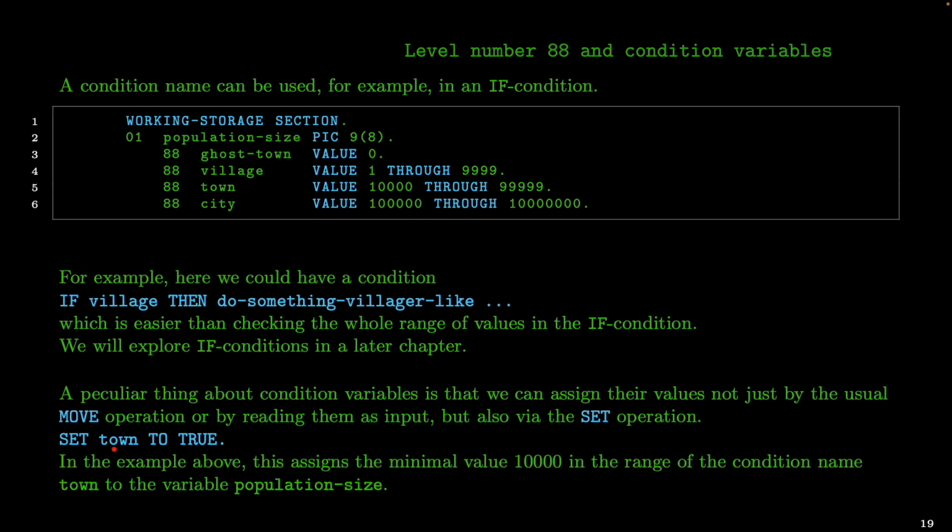For example, set town to true, then population size would be in the class town, and what that means is we would assign to population size the minimal value in the range that would classify it as a town.